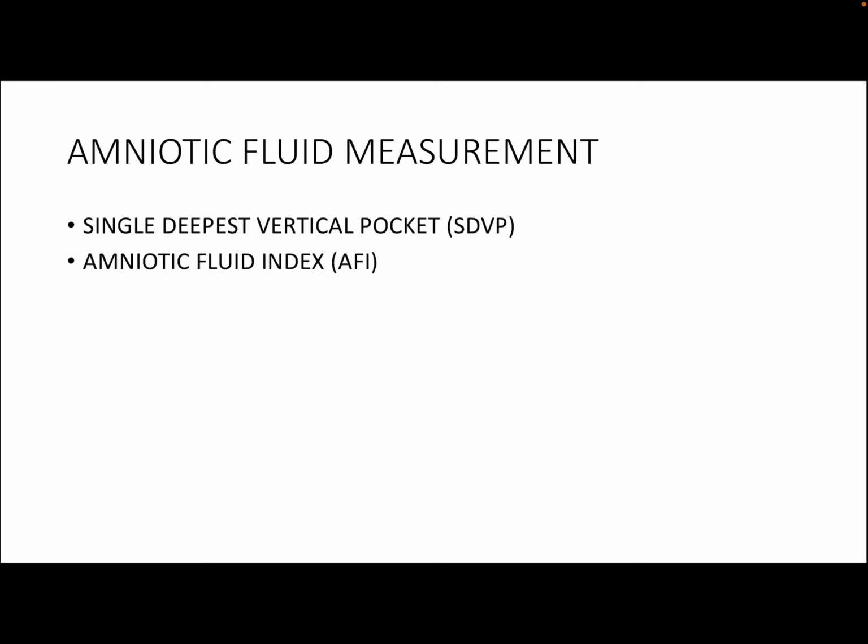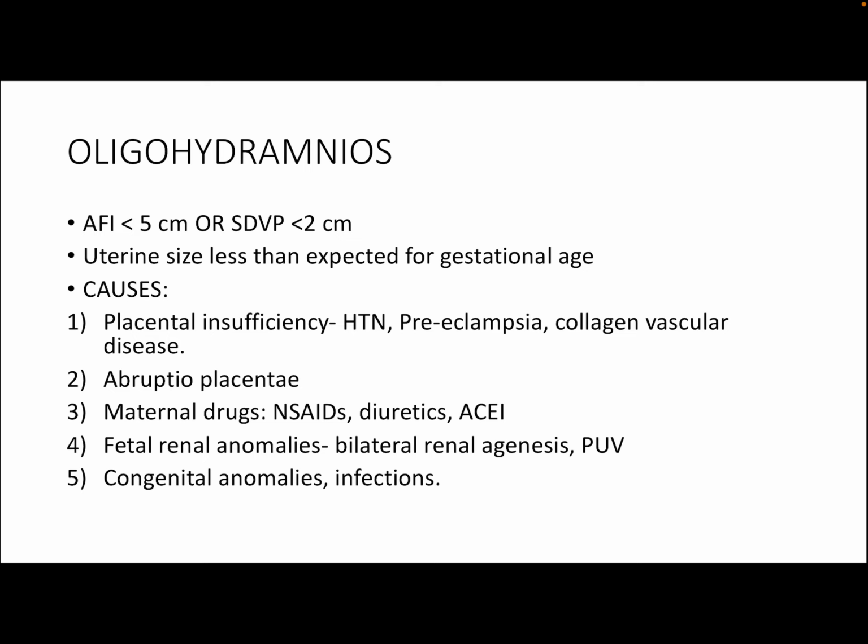And to calculate AFI, the maximum vertical diameter of the 4 quadrants is measured and summed up. So we call oligohydramnios as an AFI that is less than 5 centimeters and polyhydramnios as an AFI that's more than 25 centimeters.